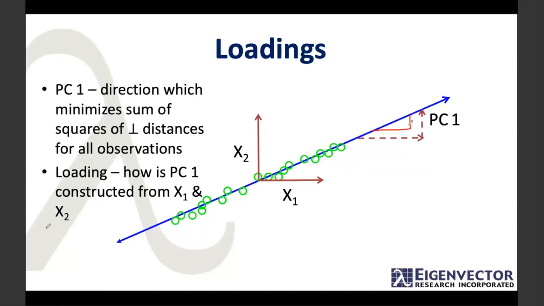And it turns out, going back to your trigonometry days, it really doesn't matter because the ratio of how much X2 to how much X1 goes into making PC1 is going to be constant because this is at a given angle in my X2, X1 plane. And as it turns out, at least in our software, the loadings are normalized so that they will have a length equal to 1.